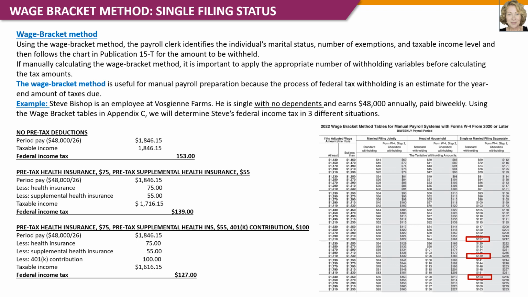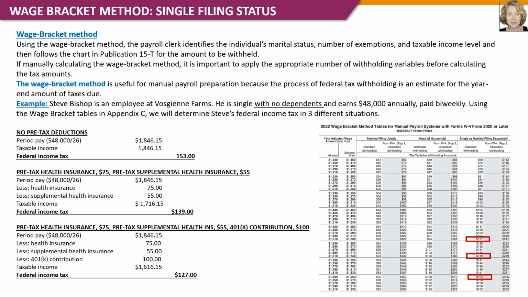When looking at the tax tables, it's important to ensure that you have the right table. We're looking for the table that shows 2022 wage bracket method tables for manual payroll systems for Form W-4 from 2020 or later. We'll also need to find the table that shows biweekly payroll. That is page 457. Then we need to locate the correct marital status column and the correct wage row that shows the wage we're looking for.